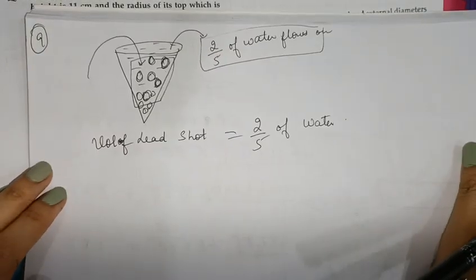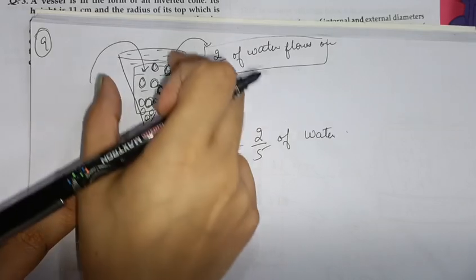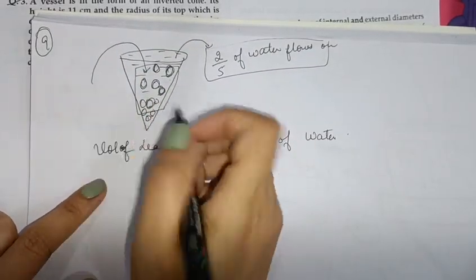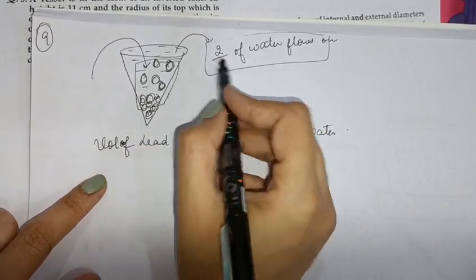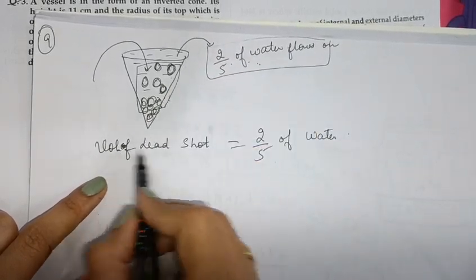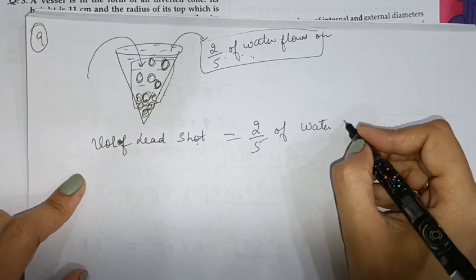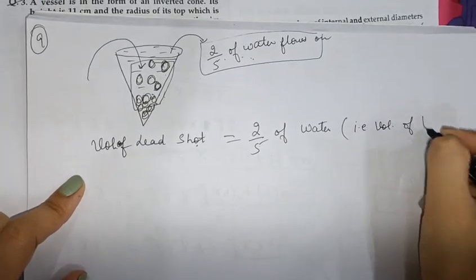Don't get confused that the volume of lead shot is equal to the volume of the vessel. No, the lead shots occupy the space previously occupied by the water which is now out. So the volume of lead shots is equal to 2/5 of the water, that is, of the volume of the vessel.